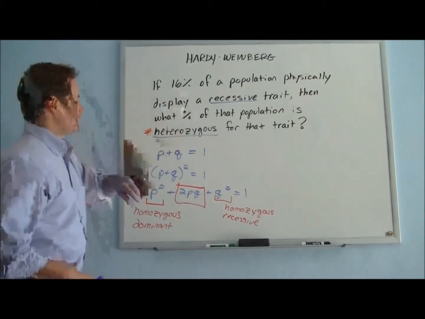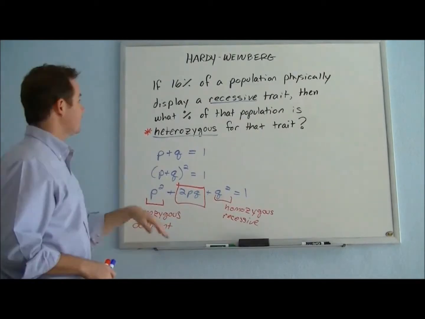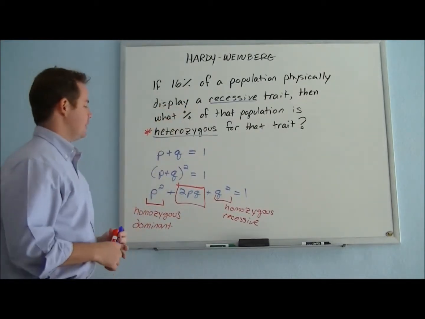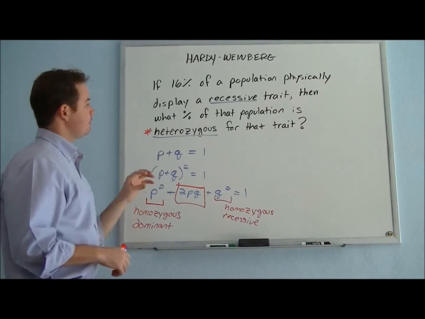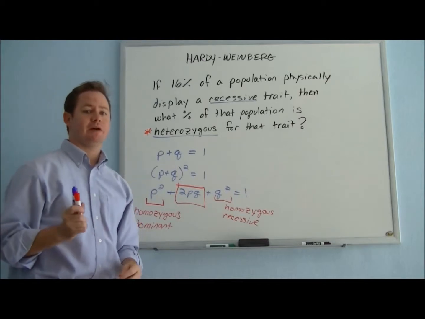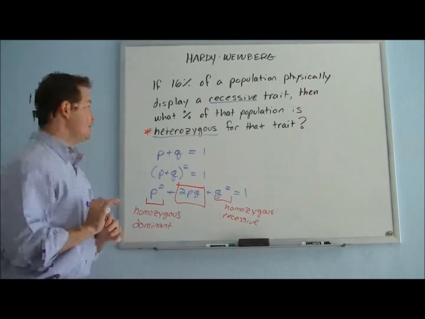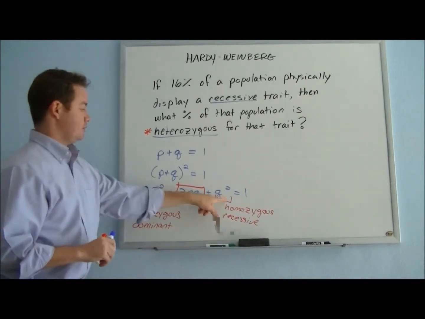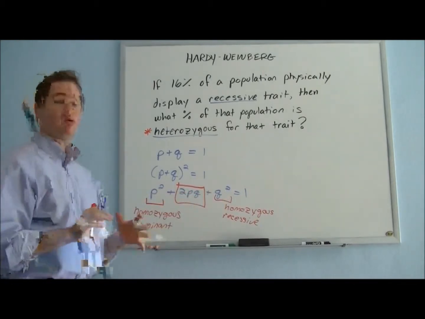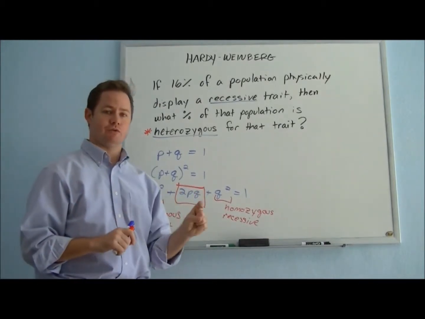So now let's take a look at how we can incorporate the numbers into an equation like this. If 16% of the population physically displays the recessive trait, well, the only way in biology that you can physically display something that's recessive is if you're in the homozygous recessive portion of the population, if you have in fact 2 of those recessive alleles.